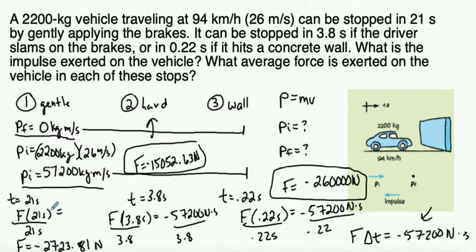Okay? So if we have a much smaller time, then we're going to have a much larger force. So we can see we went from 21 seconds to 3.8 seconds, so that's quite a bit different. And our force went from 2,700 to 15,000. Okay? So a much smaller time equaled a much larger force.